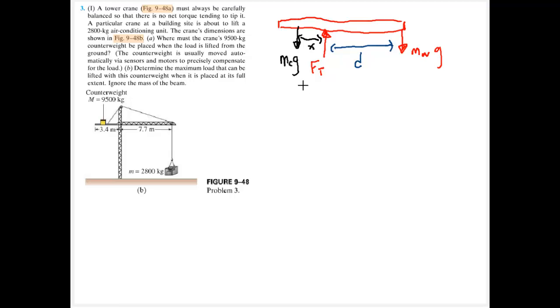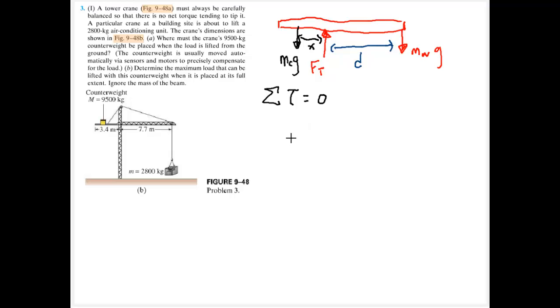So this crane is in equilibrium. I can write all of Newton's laws for it, as well as the second law in terms of rotation. I'm going to go ahead and apply that one. I'm going to say the sum of the torques must be equal to 0.